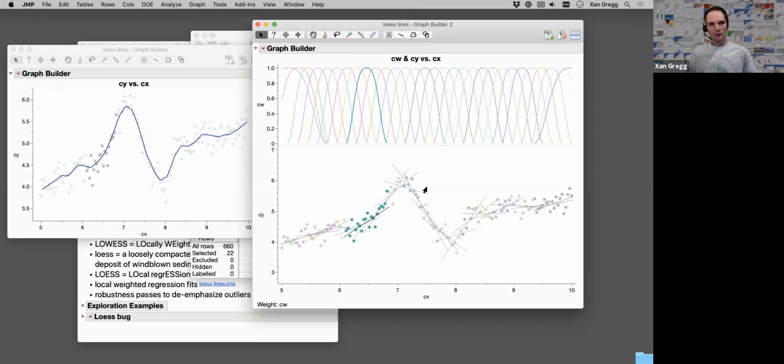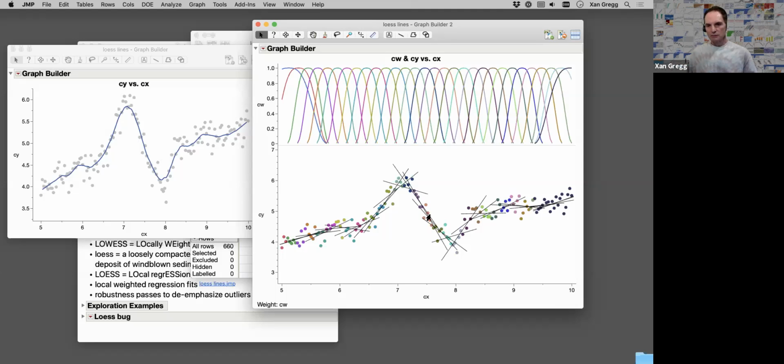So it can follow some of these local trends of the data and do it in a somewhat rigorous way. It's using linear regression, but it can still handle local variation. So that's how the loess fit is constructed. This local fit, I've shown it as a straight line here.